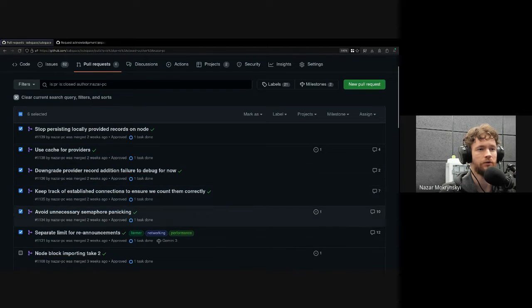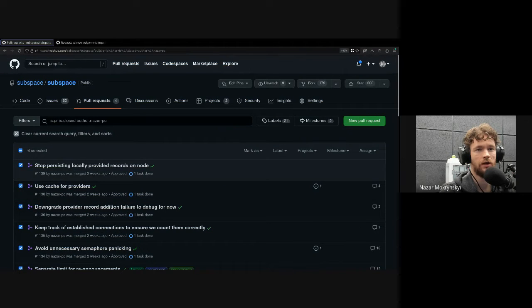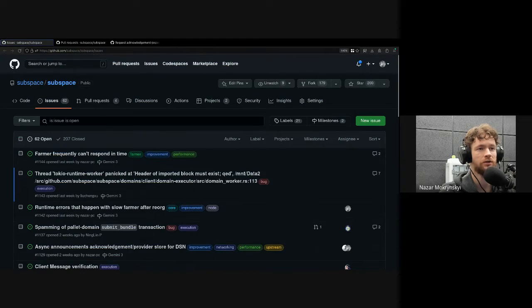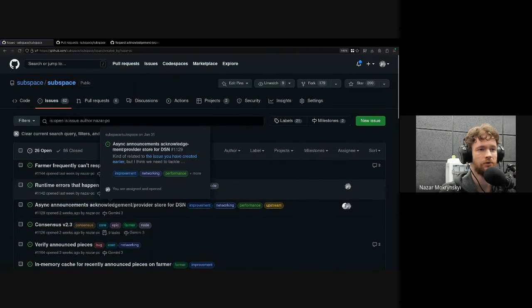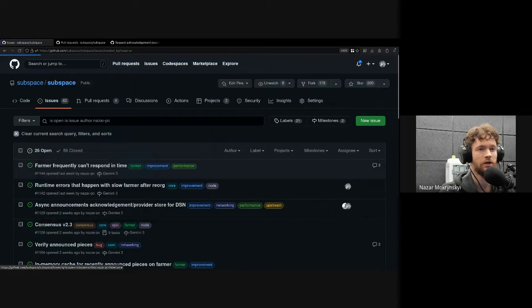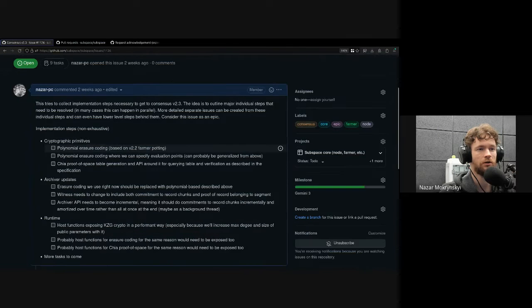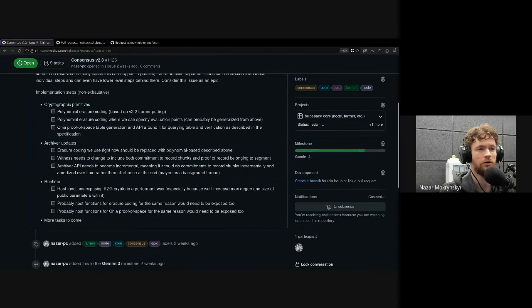And the other one, we need to figure out what is going on with those asymmetric establishment closing connections. It's kind of strange. As you may notice, there is no progress on version 2.3 consensus yet. The only progress made since last time is this simple list of tasks which can be done already and in parallel that will be required for actual implementation, some primitives.